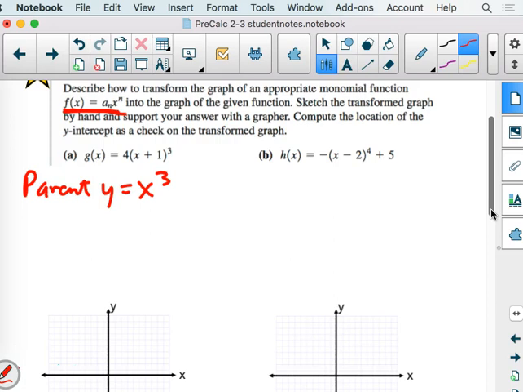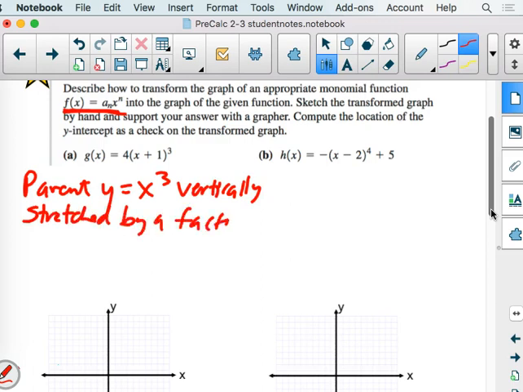So what is this responsible for? Vertical stretch. So parent y equals x cubed, vertically stretched by a factor of 4. That's a good start. In fact, that's how we get the shape of our graph. We always take that along the width to get the shape.